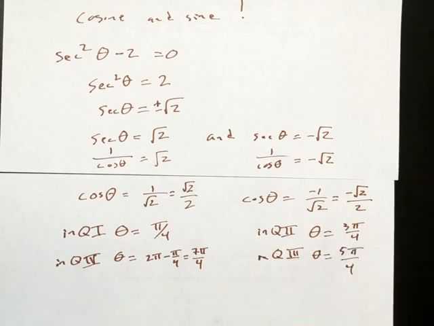And then I add 2n pi to all of those. Please notice each and every one of these is one of those 45-degree reference angles. So really, it's like I took the same angle and just went 90 degrees and 90 degrees and 90 degrees and 90 degrees and 90.